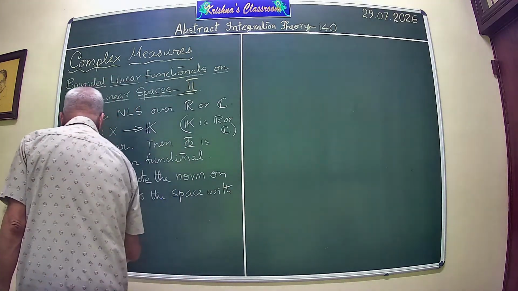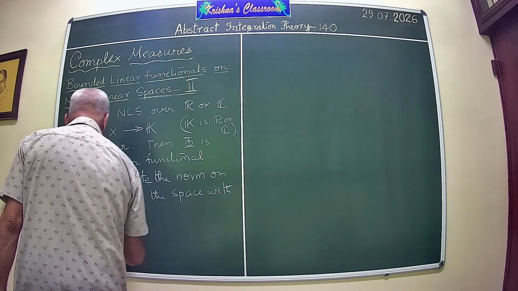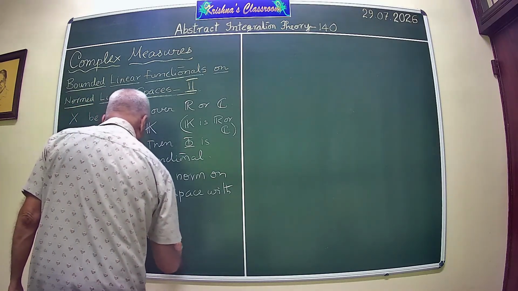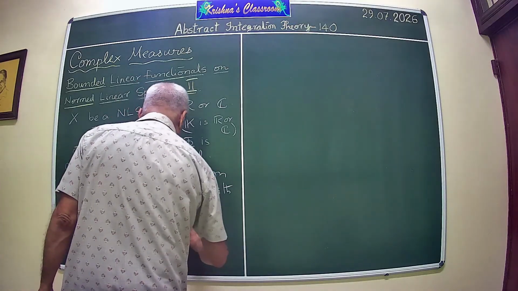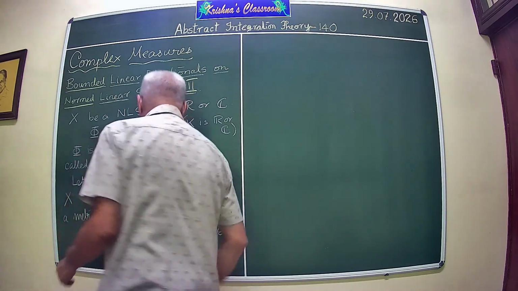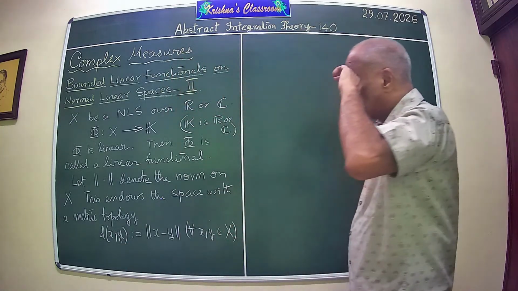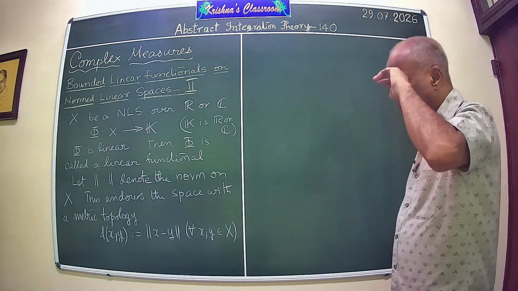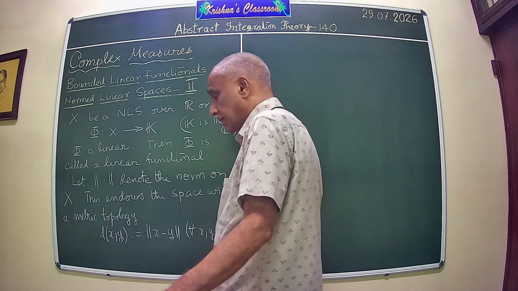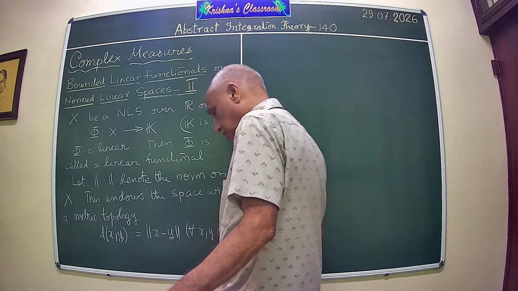We define the metric. Therefore, now it's a topological vector space, so you can talk about properties like continuity, boundedness.